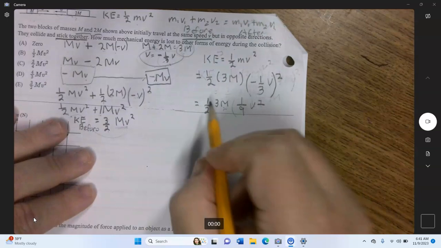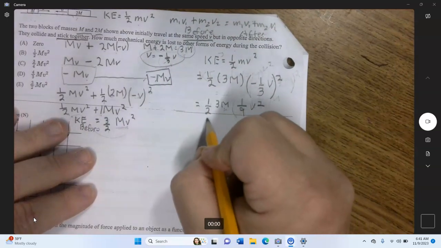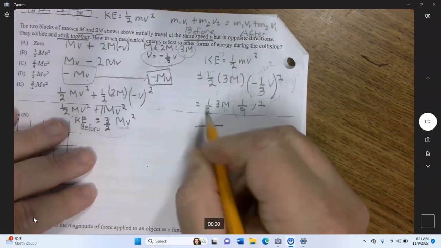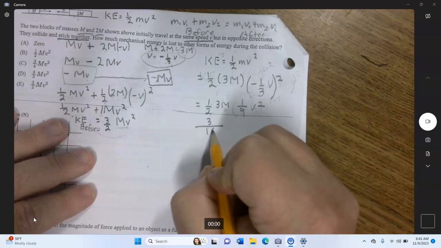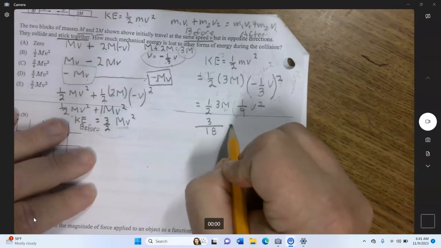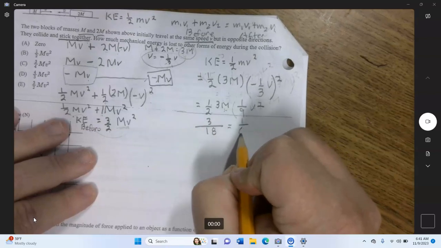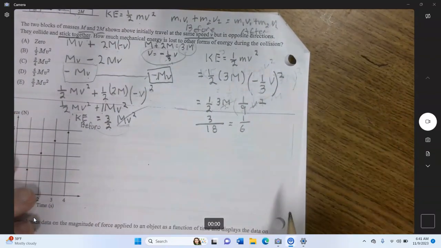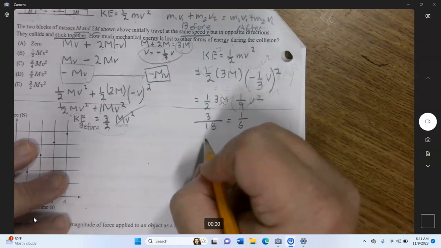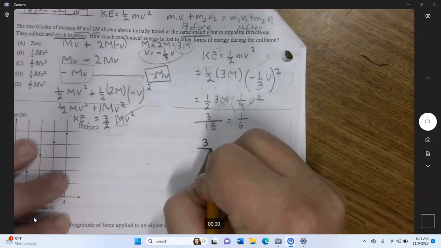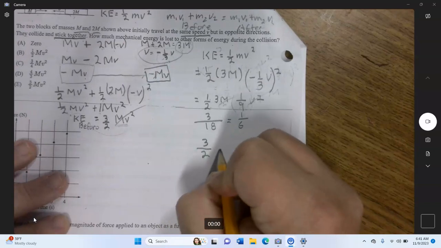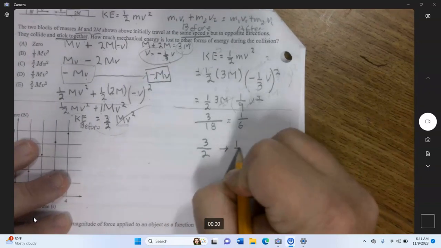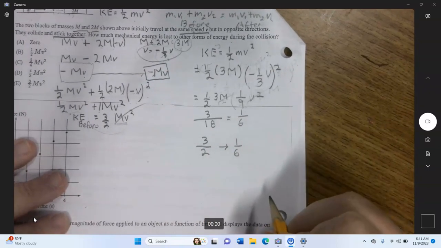Okay, so it's 1 times 3 times 1 is 3, and on the bottom, it's 2 times 9 is 18. And we can reduce that down to 1/6. So again, forget about the v squared and m because they cancel out on both sides. So what we did was we went from an energy of 3/2 mv squared to 1/6 mv squared.